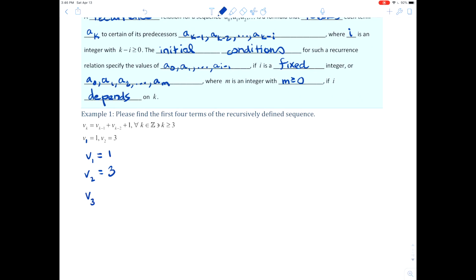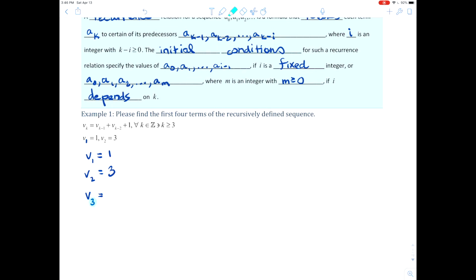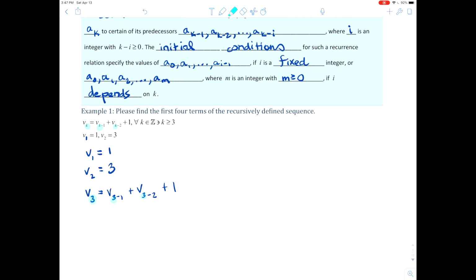V3 is going to be equal to, well, 3 is now our k, so that's like the input here. Wherever there's a k, we're going to be putting in 3. Good so far? All right, so this would be V sub 3 minus 1 plus V sub 3 minus 2 plus 1. Just wherever there was a k, we put in a 3.